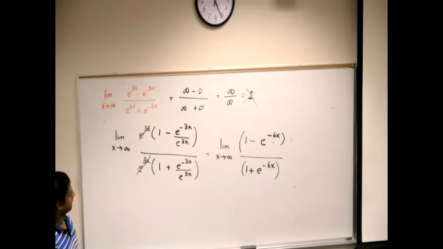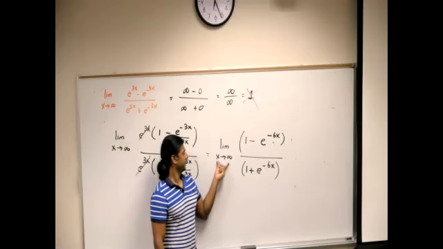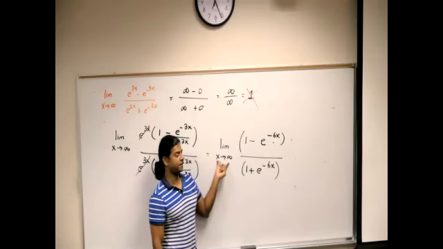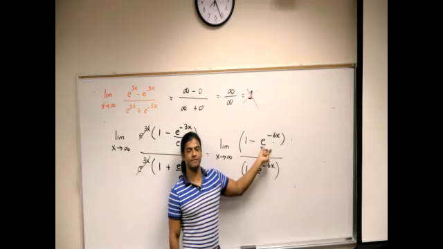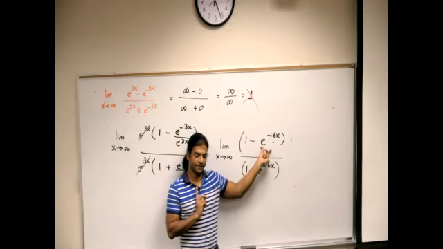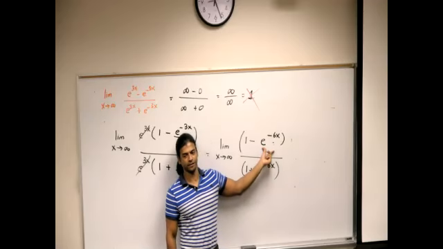1 minus 3x over e to the power of 3x here. As x approaches infinity, that is a decay function. So if x gets larger and larger and larger, what would happen to that function?